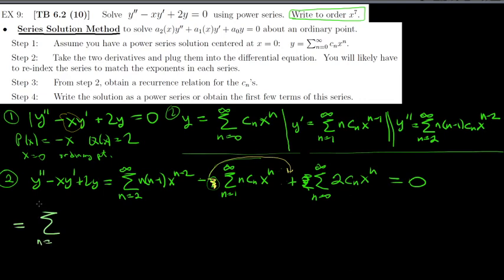And not n anymore, k, because we want to reindex to k. So now where does k start? For our x's, what's the lowest power that's going to be involved in each one of these series?